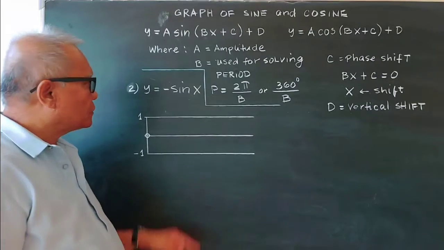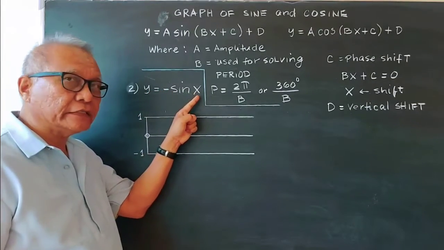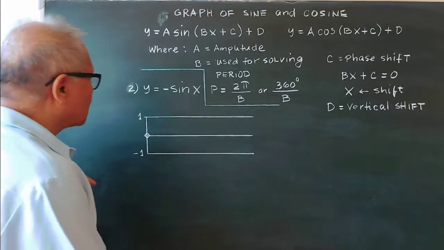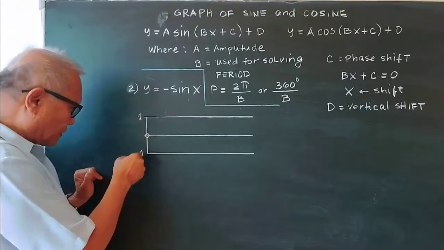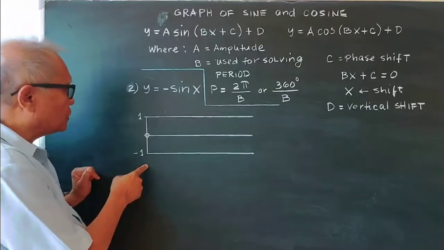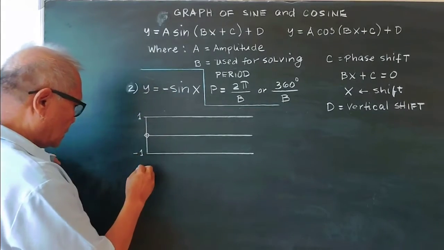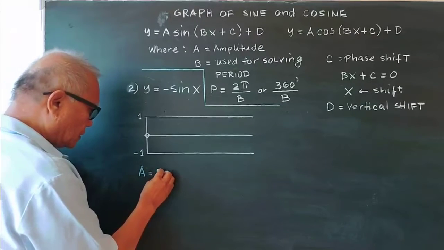Okay, let's have number 2. y is equal to negative sine x. So that one is negative now. So what is our amplitude? I put here already my amplitude. What's the amplitude? It is 1, the invisible 1. So our amplitude is 1.